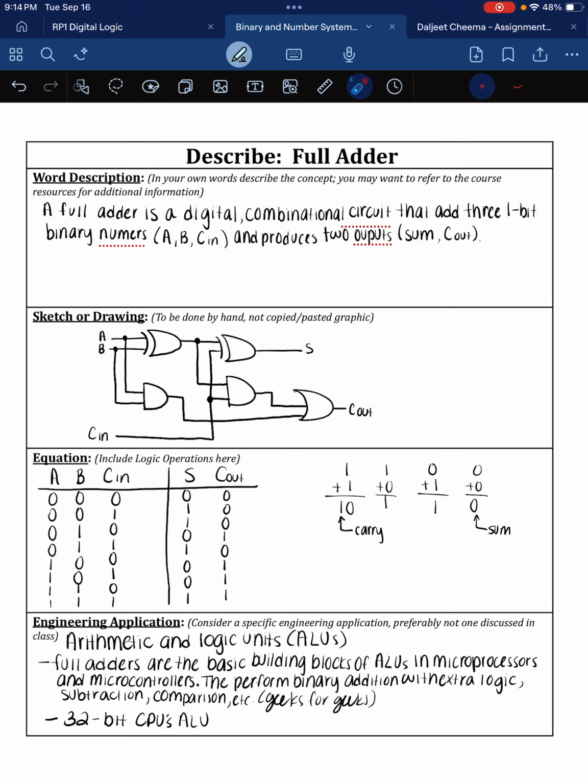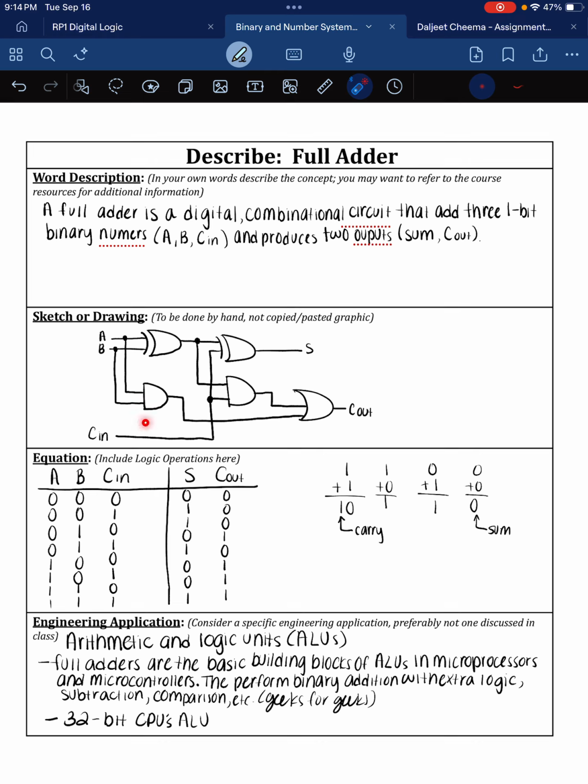So this drawing shows the logical circuit of a full adder. You're using two extended OR gates, with A and B for the first extended OR gate, and then A, B, and CN for the second extended OR gate to get the final sum S. And then carry out is implemented using AND and OR gates.